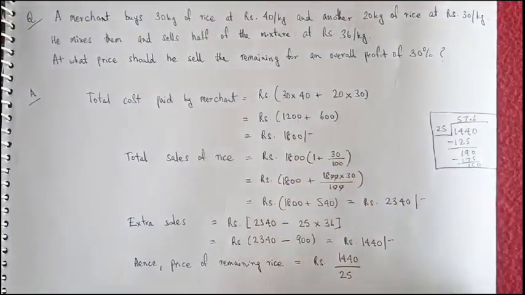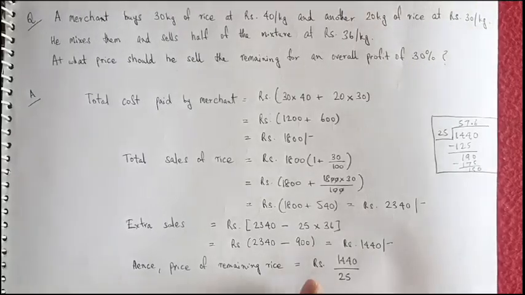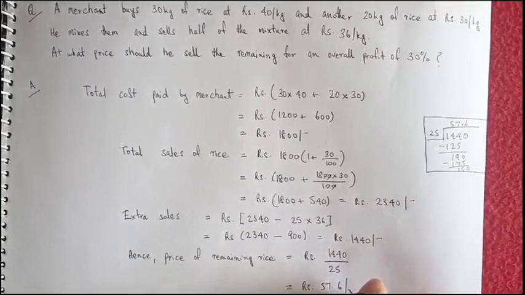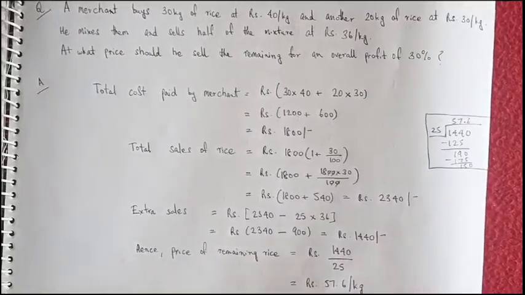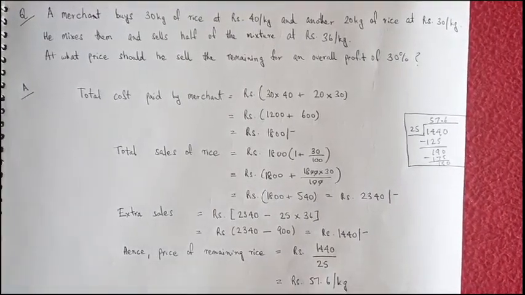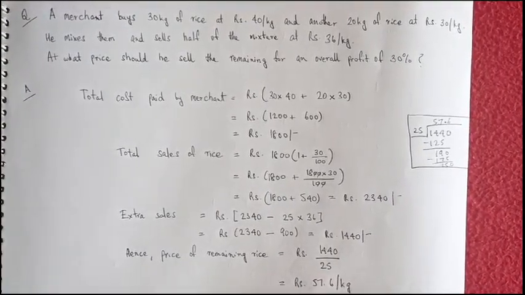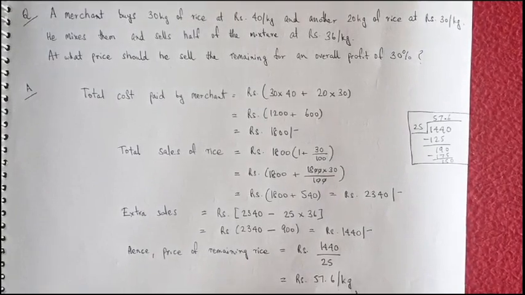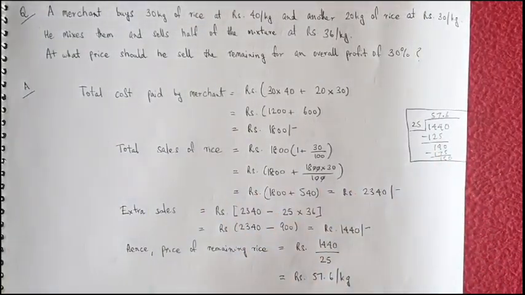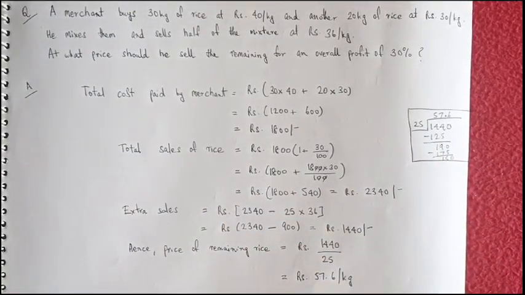So 57.6. So the answer here is rupees 57.6 per kilo. So this is the selling price of the remaining rice. The remaining 25 kilo, he should sell this at rupees 57.6 per kilo for a total profit margin of 30% on this entire rice. Wasn't that awesome?